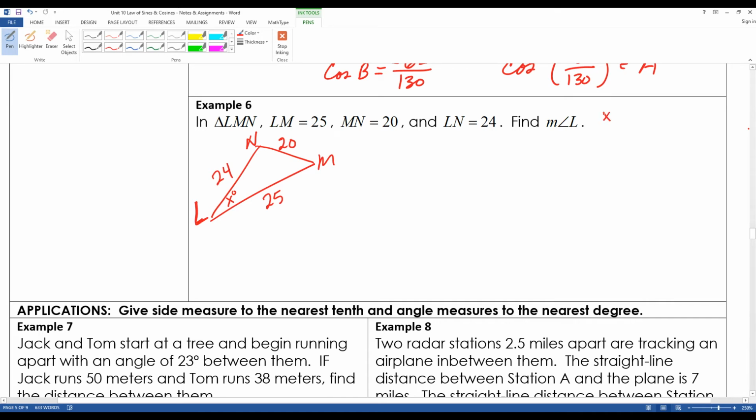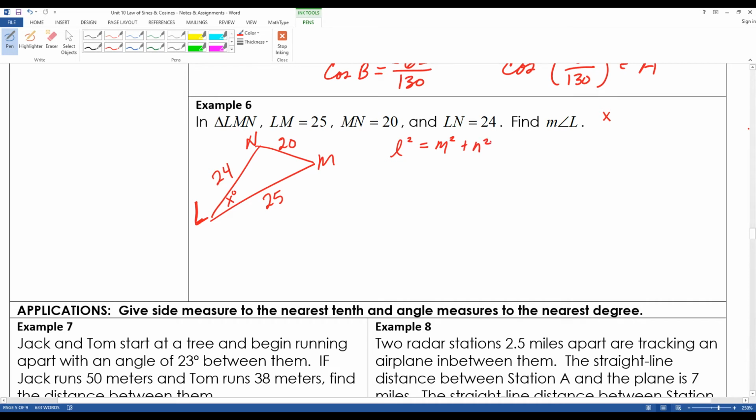We can't use law of sines, so it's cosine. So for angle L, we just pick A, B, or C if you wanted to label it that way. Then L squared would equal the other two, M squared plus N squared.